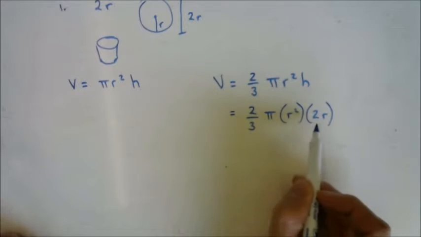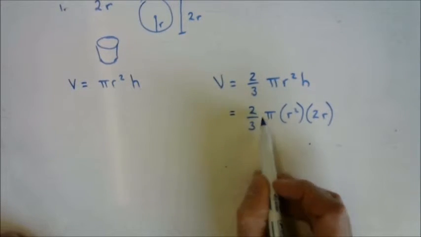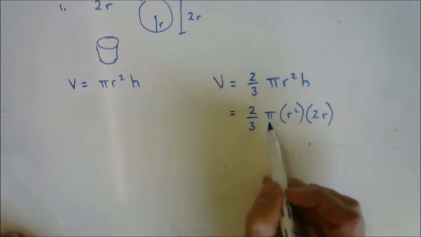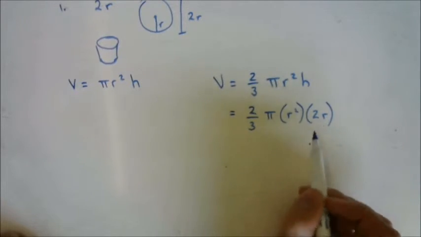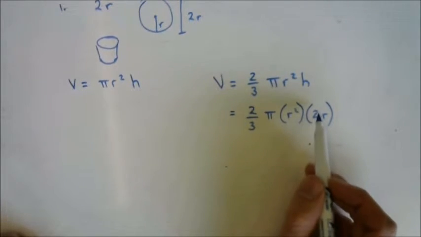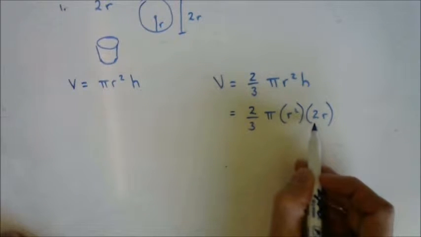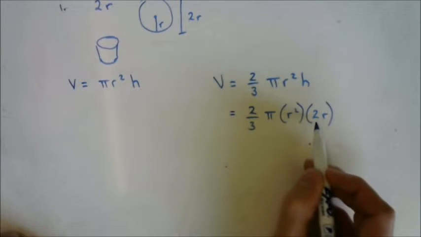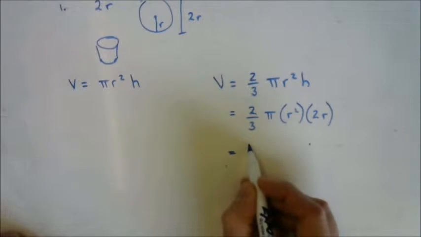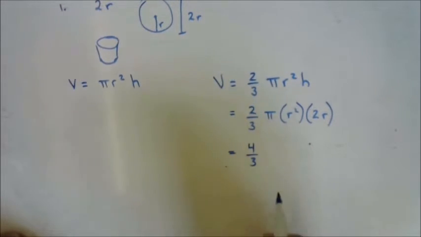And this 2 can get multiplied. Multiplication is commutative, right? All these things are just being multiplied by each other: 2/3 times pi times r times 2 times r. So I can rearrange that however we want. And look, I can just reduce this because I can multiply 2/3 by 2, giving me 4/3.